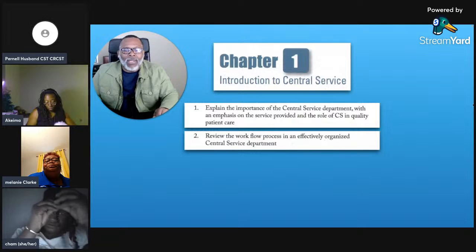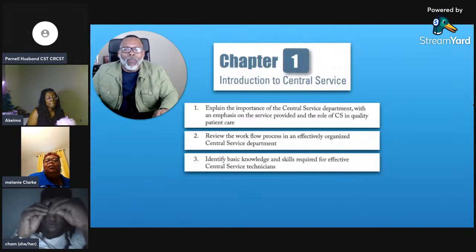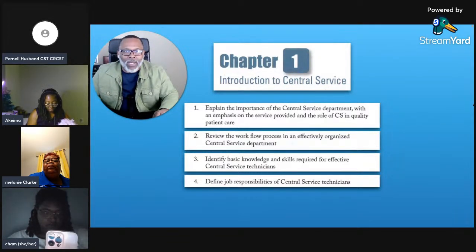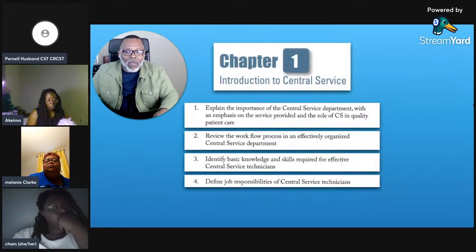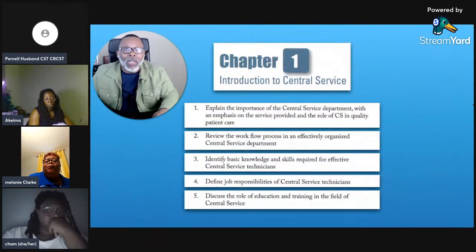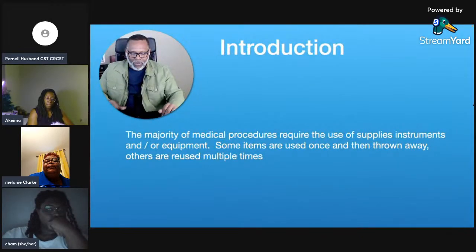Review the workflow process in an effectively organized central service department. Identify basic knowledge and skills required for effective central service technicians, which is exactly what you guys will be once we get done with this 3-month course. Define job responsibilities of central service technicians. And number 5, discuss the role of education and training in the field of central service.